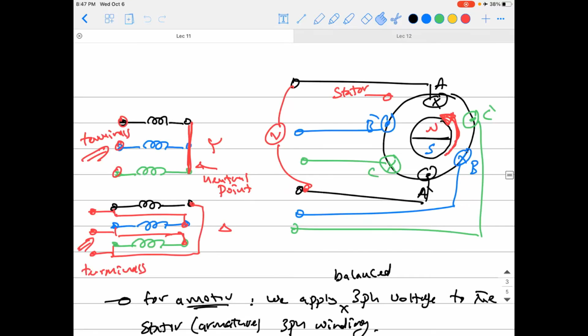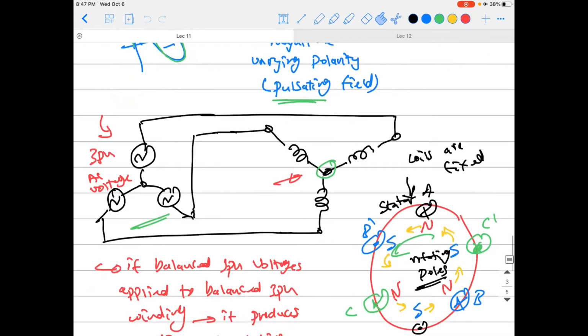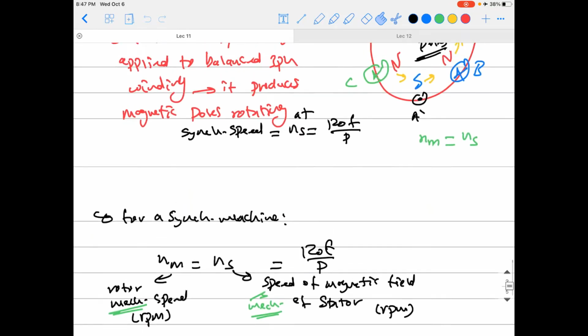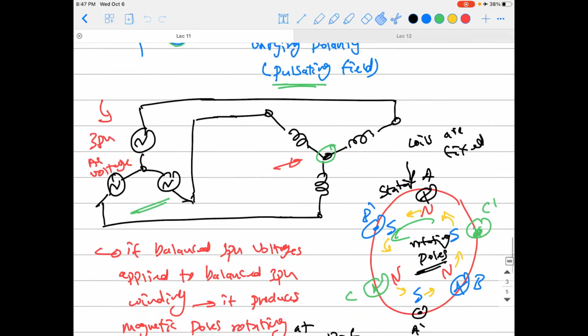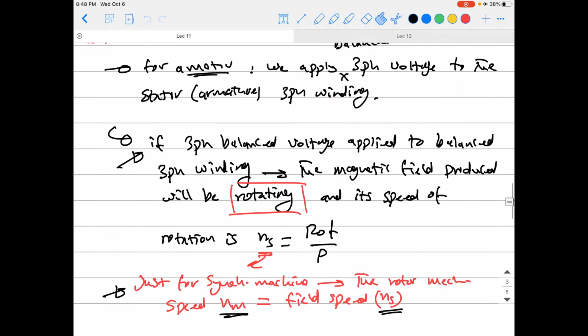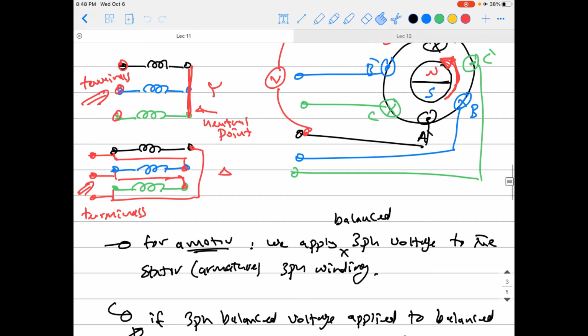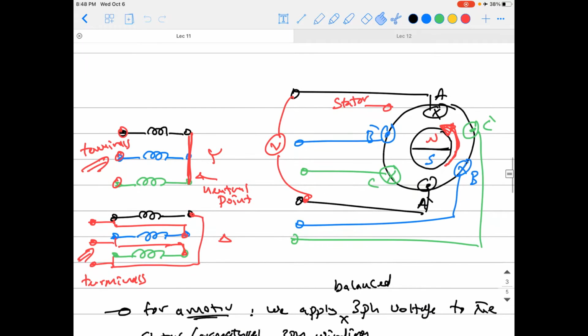So in the last lecture we continued talking about the construction and theory of operation of the synchronous machine. We have just talked about how the machine rotor holds the field winding excited by DC voltage, producing north and south poles around the rotor circumference.